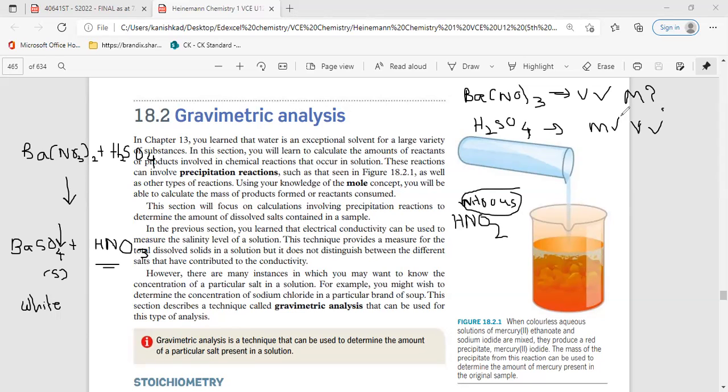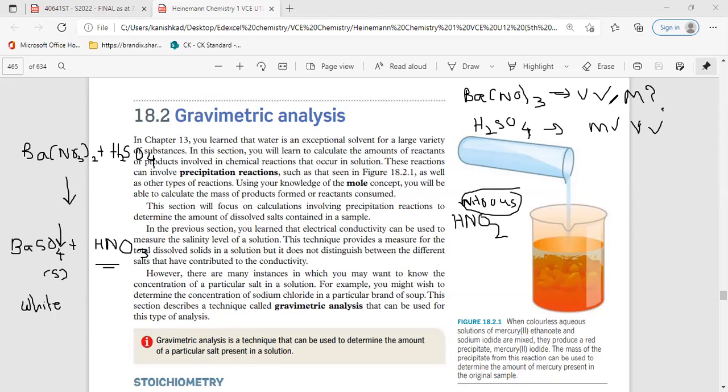How can we tell whether a precipitate dissolves in an acid or not? Normally, nitric acid can dissolve chloride precipitates and bromide precipitates, but not sulfate precipitates. Why is that? Here's a hint.